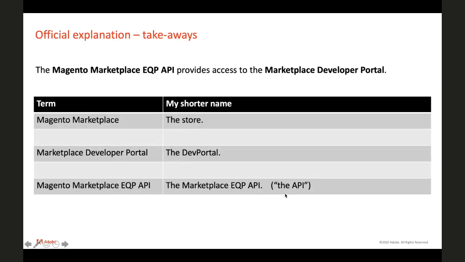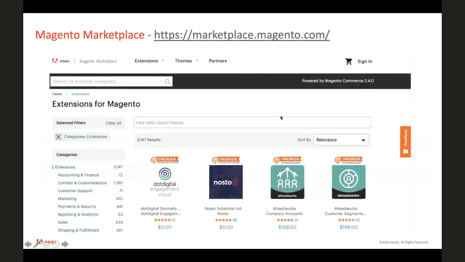For people who want to see things more than just hear about them, I have a screen snapshot of the Magento Marketplace. Again, this is the App Store. I went to this URL and I clicked on extensions. And then at the store, you can see that there's plenty of different ways that you can search for extensions.